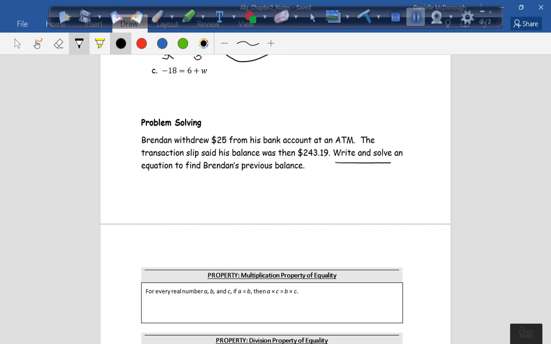So if I start with my previous balance, we'll say that's x. He withdrew $25, which means he's subtracting $25. He took $25 out of his account. His balance was then $243.19. So now that we have our equation written, now we can solve for x. Well, I'm subtracting 25, so to undo the subtraction, I need to add 25.